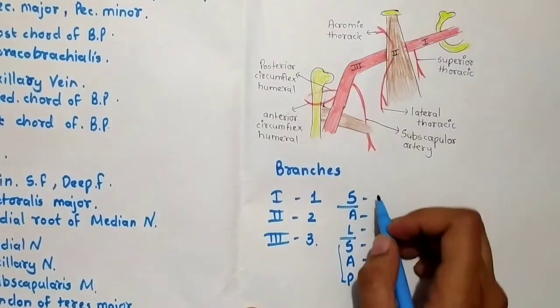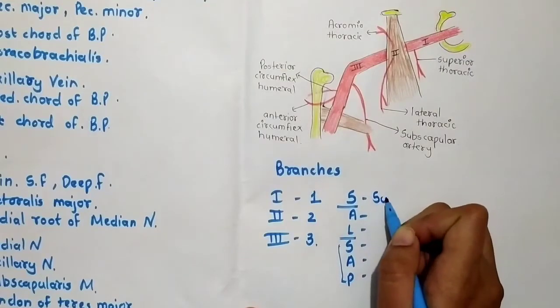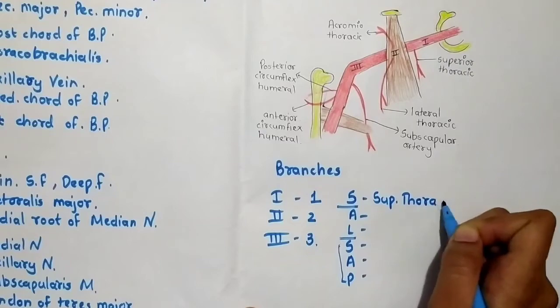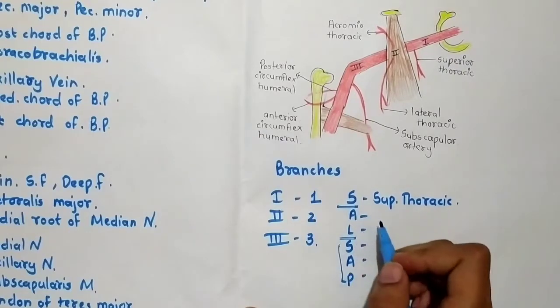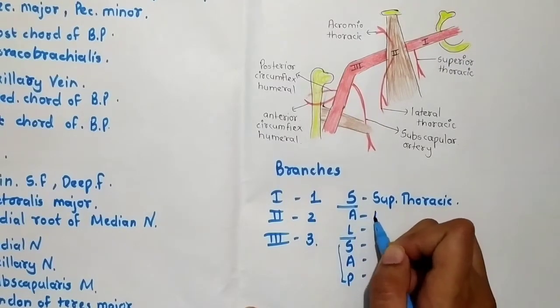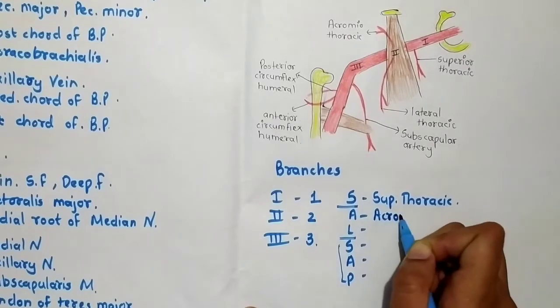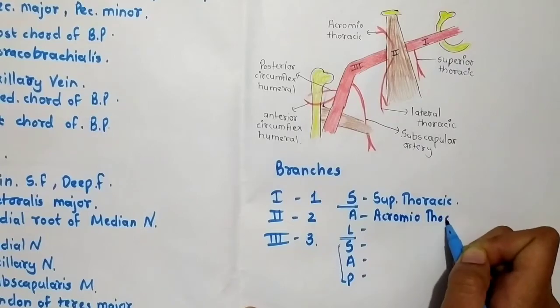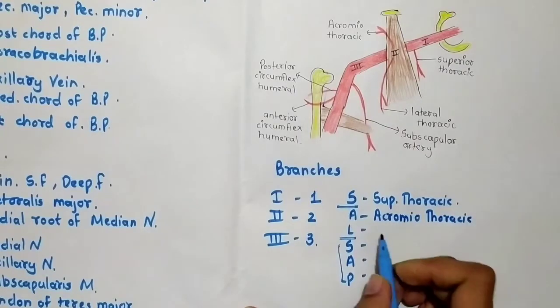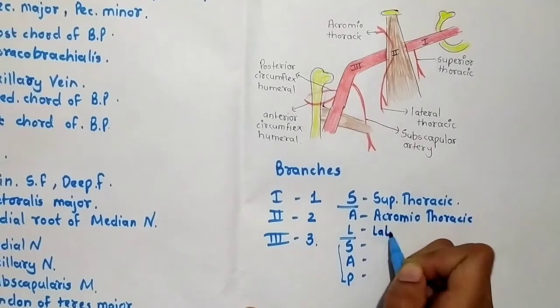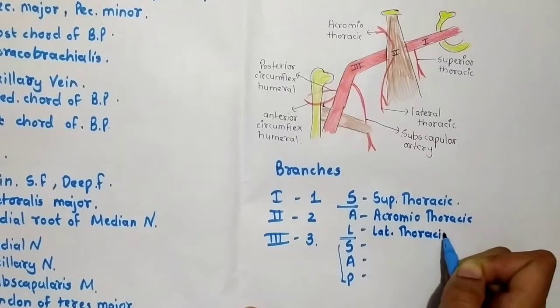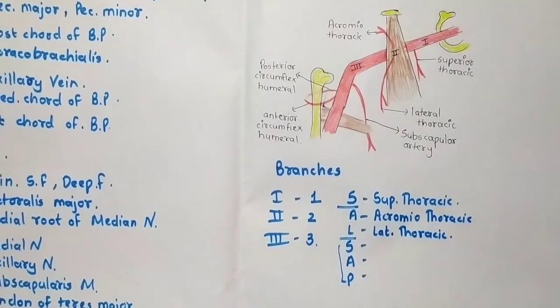So from S there is superior thoracic, from A there is acromiothoracic, and from L there is lateral thoracic. Okay, so three branches are for thorax, one for scapula and two for humerus.